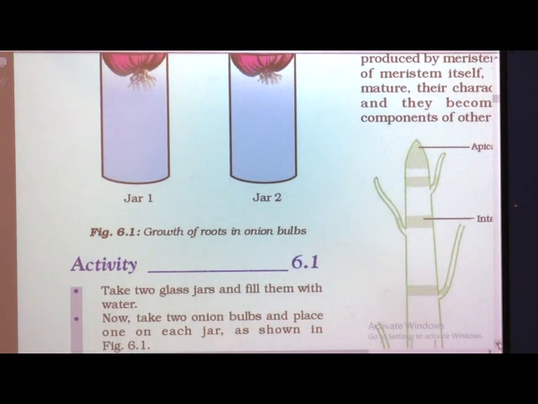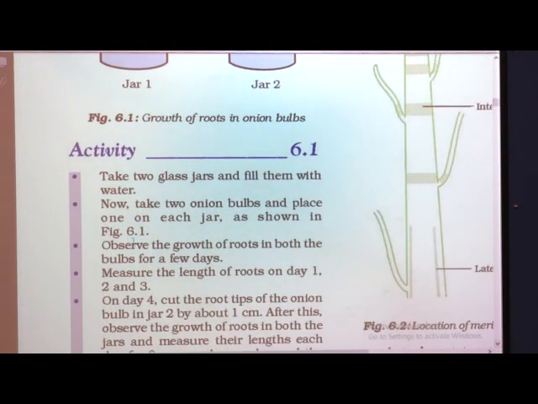So, in this activity what you have to do is take two glass jars and fill both of them with water. Now, take two onion bulbs and place one on each jar as shown here in the figure. Just now I showed you the figure. One onion bulb in each jar you have to place.